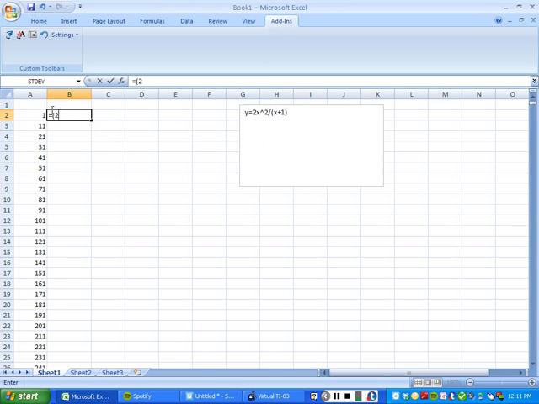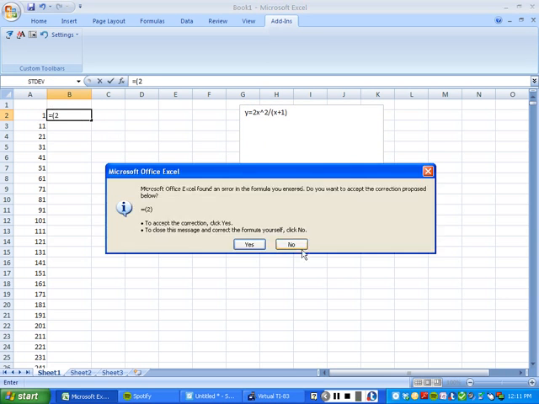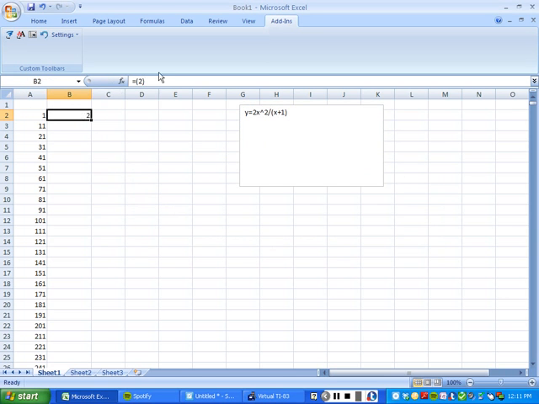2 times this piece squared divided by this piece plus 1. Now, what's that going to approach?